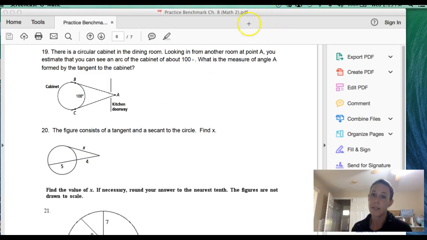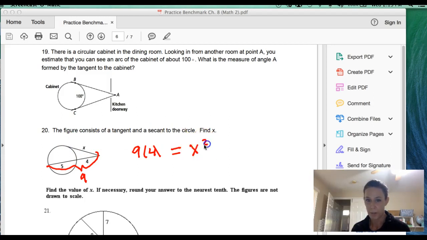However, it's not. Since it's not a full amount, you just do outside times outside. So the full length here is going to be 9. So I'm going to do the full length 9 times the outside piece 4. And if it was another secant, I would do full times x, but it's not. So I just do outside times outside, x times x.